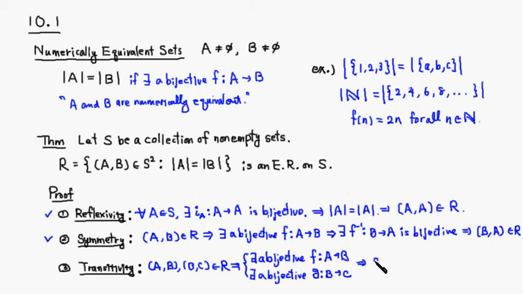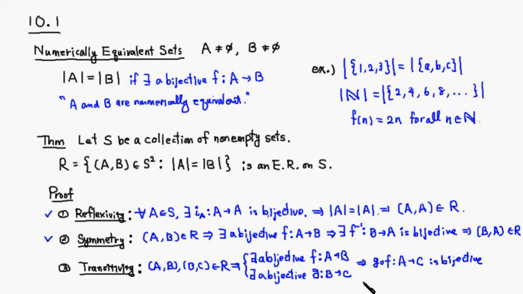So g of f is a bijective function from A to C, because the composition of bijective functions is also bijective.